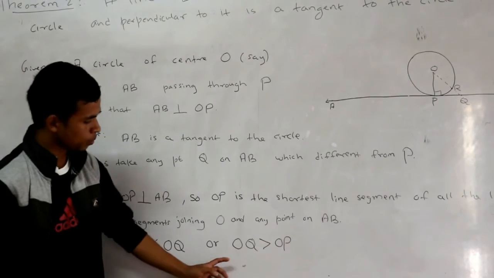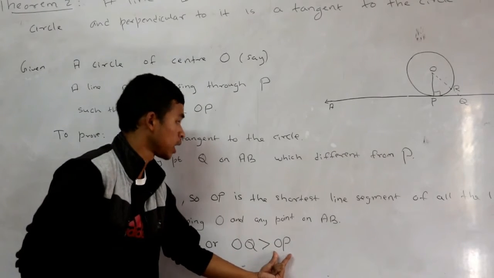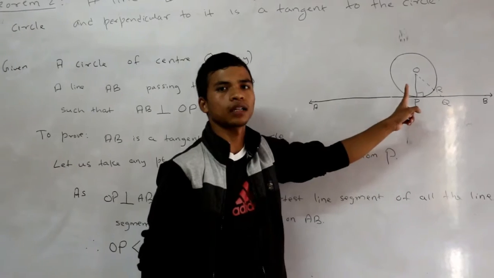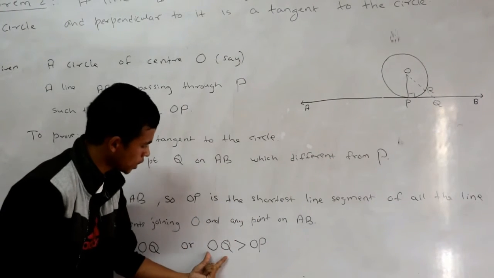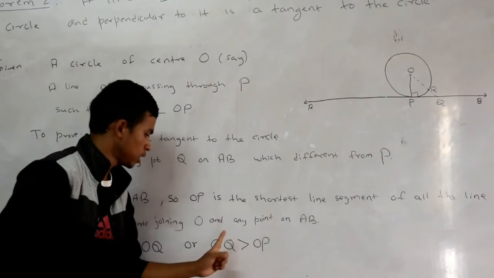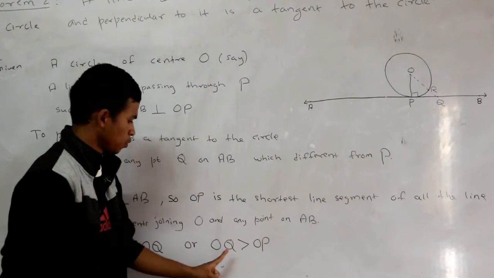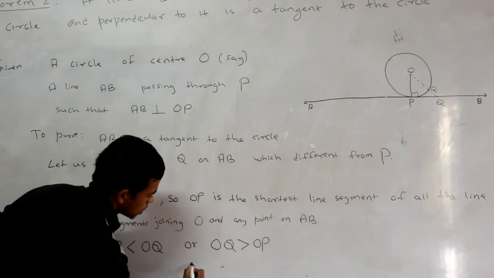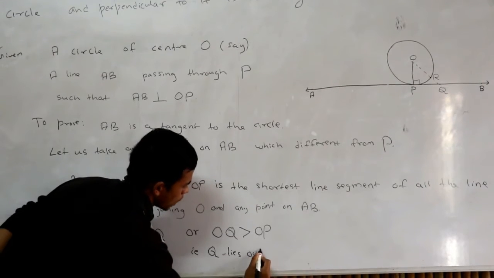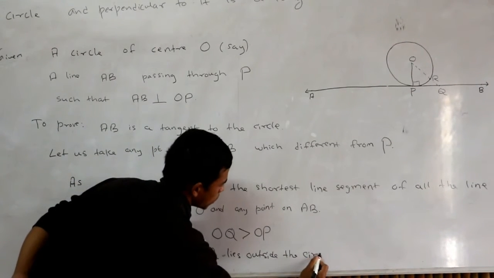So as you can see from here, OQ is greater than OP, and OP is the radius of the circle. So as OQ is greater than the radius of the circle, Q must lie outside the circle.